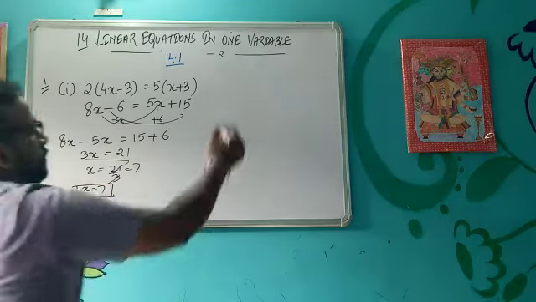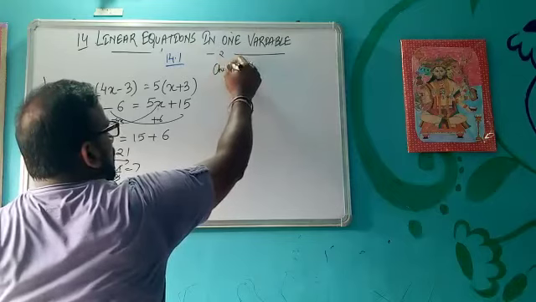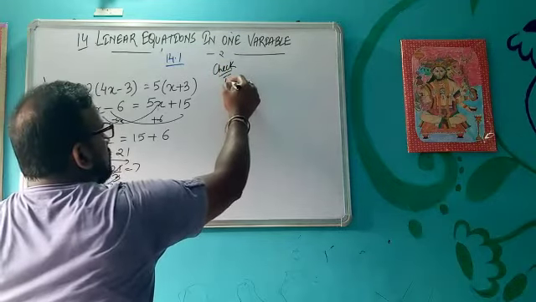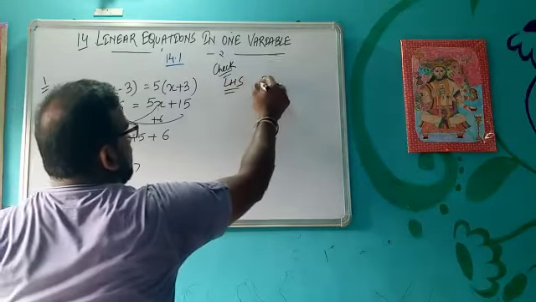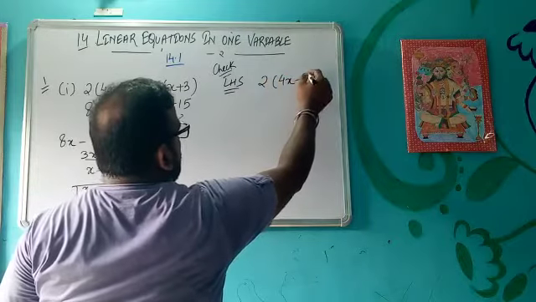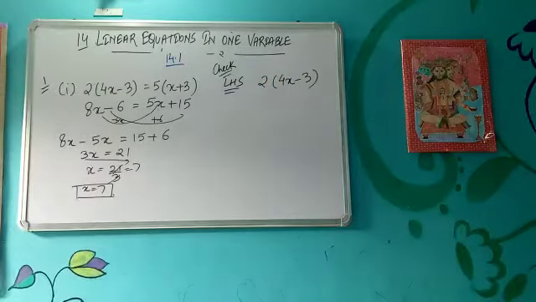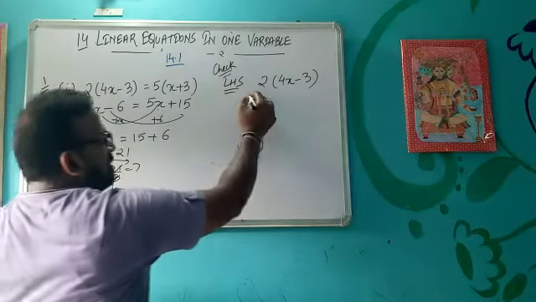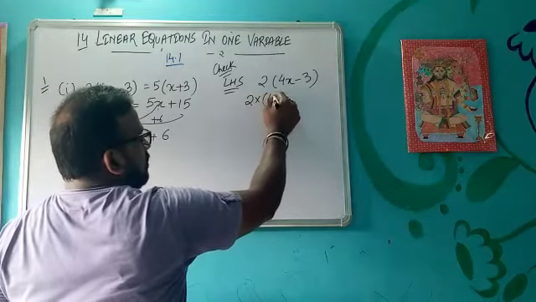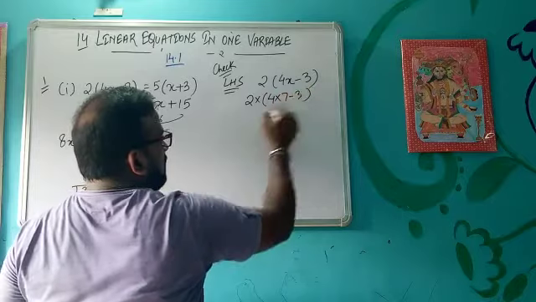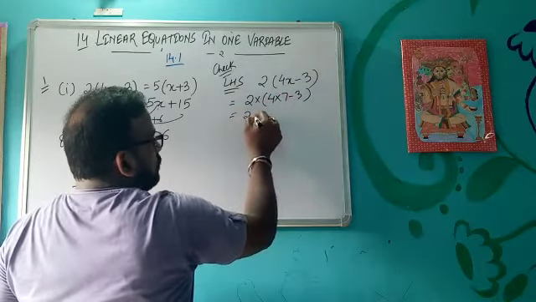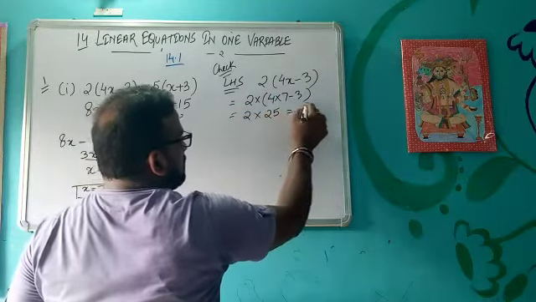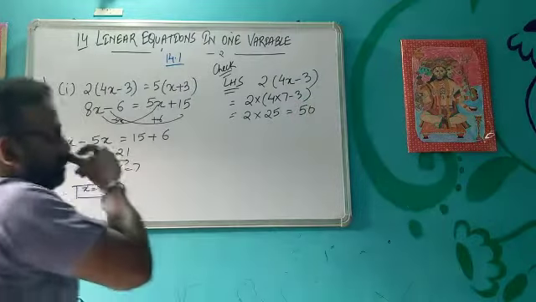Now suppose you wish to check your answer, how will we check? First we take the left hand side, that is 2 into 4x minus 3. In place of x we put the value of x, that is 7. 4 into 7 minus 3 gives 2 into 25, that is 50.